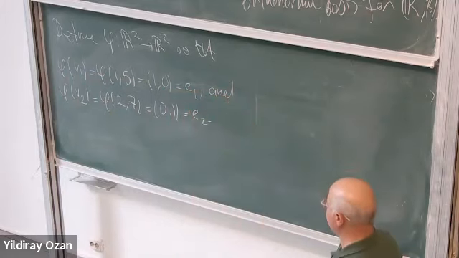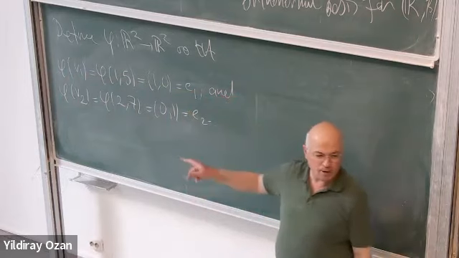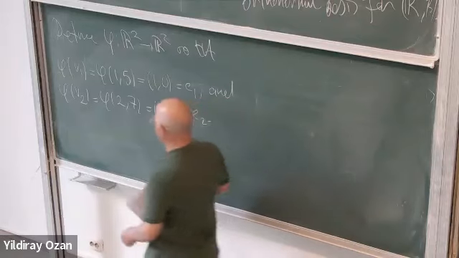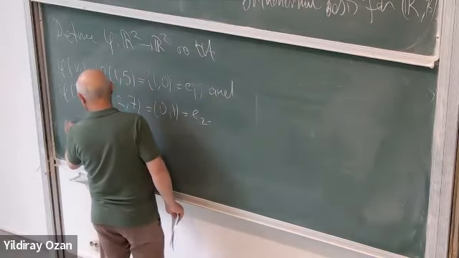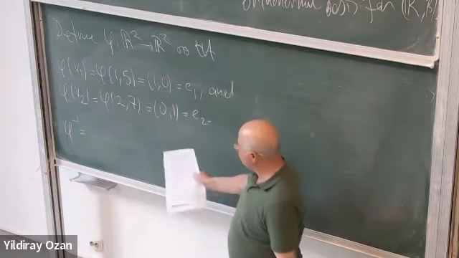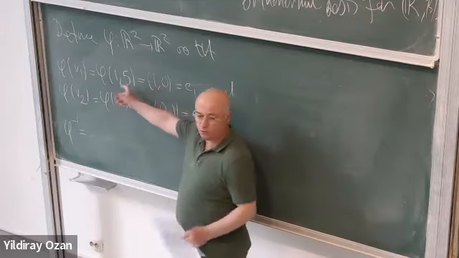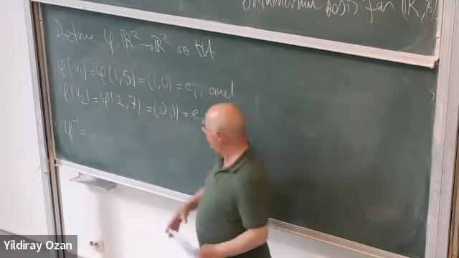Peki bunu nasıl yapabiliriz? Tersini yazmak daha kolay değil mi? In the standard basis for R2, the matrix representation of the map extends 1 0 to 1 5 and 0 1 to 2 7.